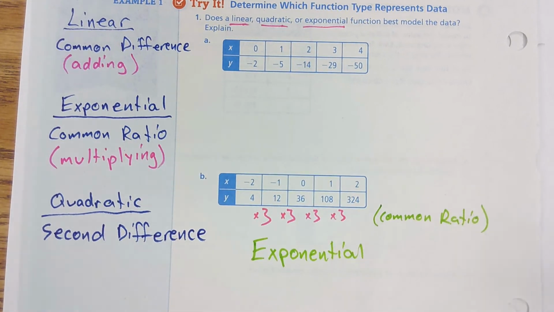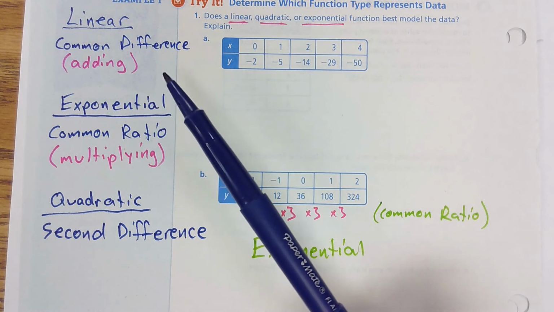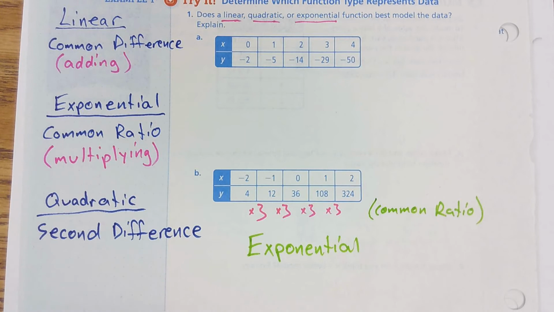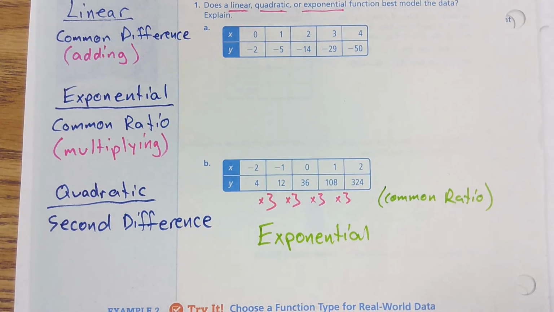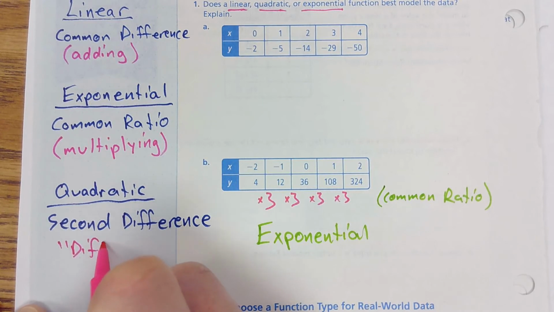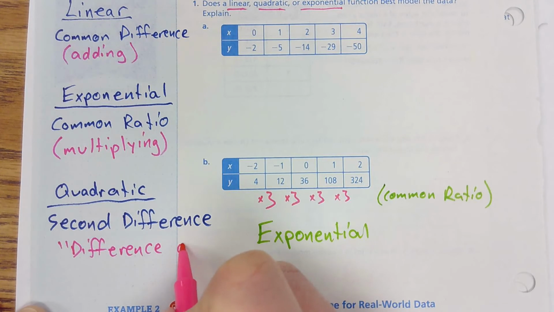Okay, so what does that mean? It means we find the difference between the numbers like we did in the linear table. And then we're going to find the difference between the differences. And you can write that phrase down if that's helpful. We're looking at the difference of the differences.